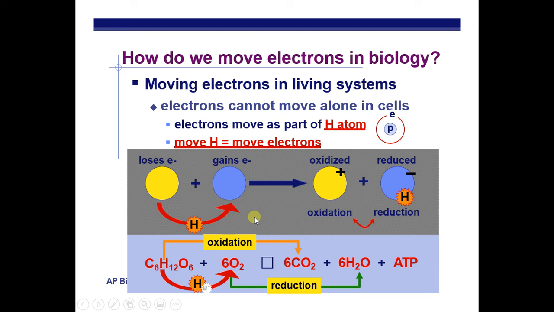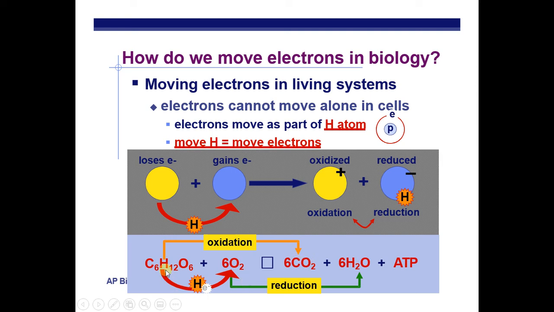After cellular respiration, it's turned to 6 moles of CO2. We've removed these 12 atoms of hydrogen. If we're thinking of hydrogen now as electrons, we've removed these electrons, this potential energy from glucose, and it has no more potential energy here.